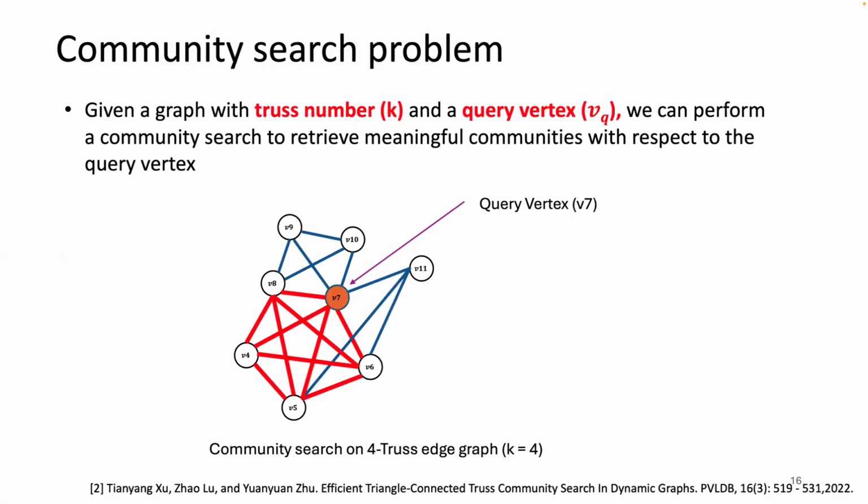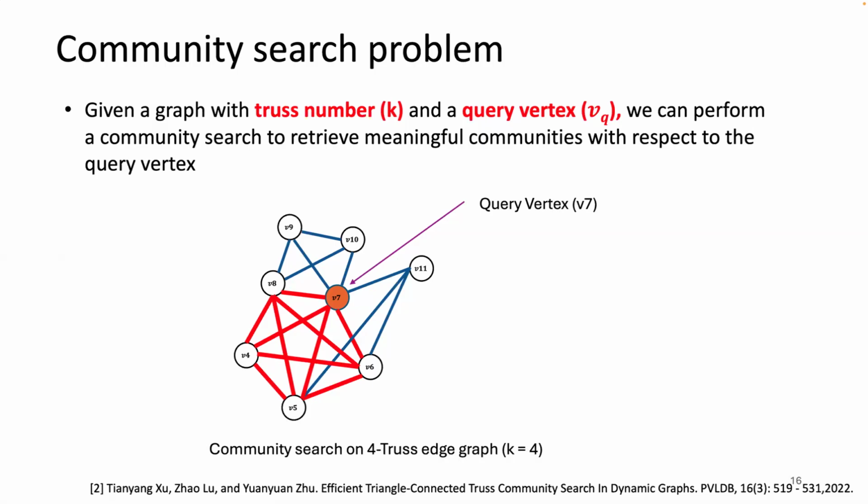Now to the community search problem, which is where our research starts from, right? Given a graph with K-truss K and a query vertex, we can perform a community search to retrieve meaningful communities with respect to the query vertex. So when we are talking about the search problem, we are working with the query vertex and the truss number.